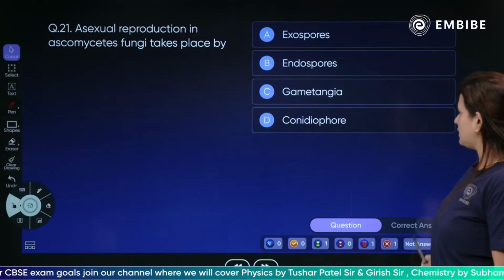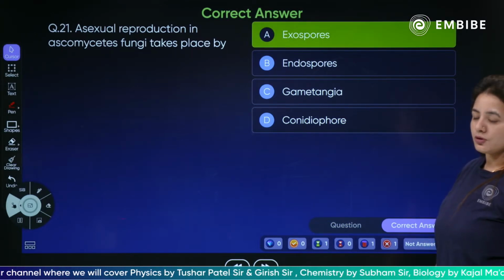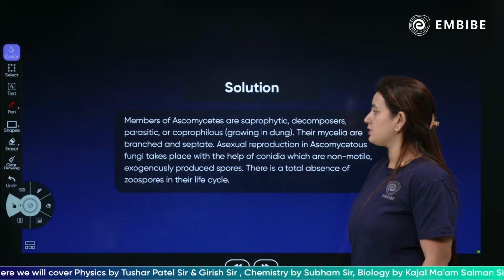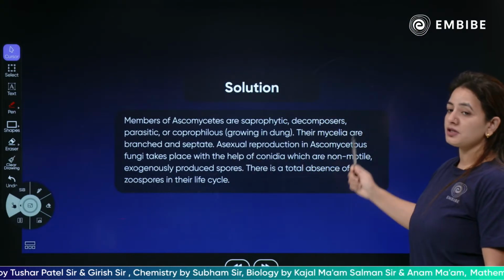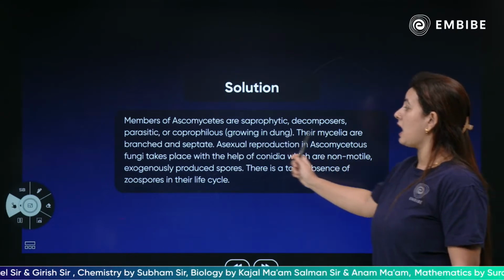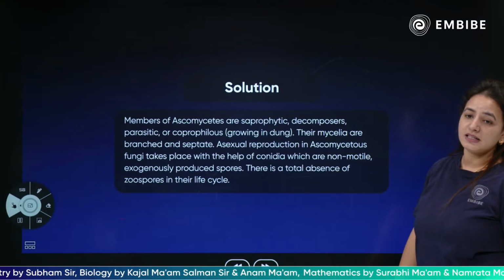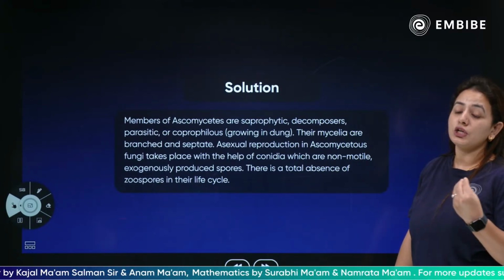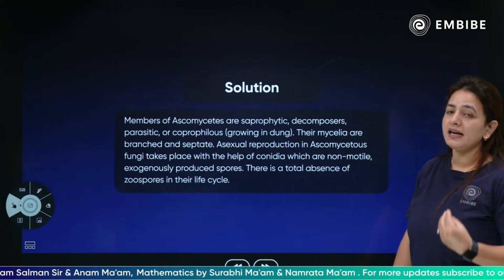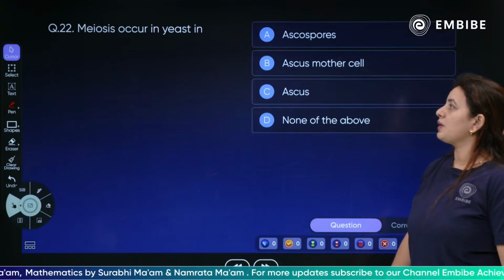Yes, it is the exospore formation. Members of Ascomycetes grow on dung as decomposers, and their mycelia are branched and septate. Asexual reproduction takes place through the formation of conidia, through the conidiospores, which are non-motile exogenous spores. Next question.